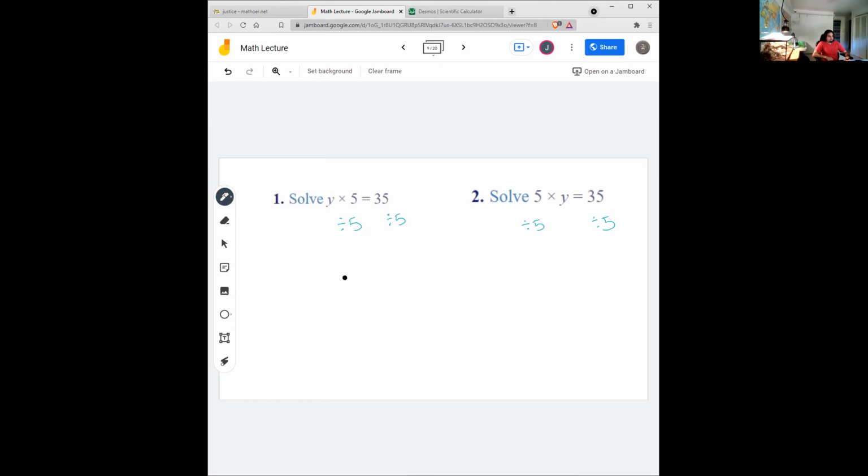And then I will get y is 35 divided by 5, which is 7. Everyone okay with both number 1 and number 2? It doesn't matter which order I have, because when I multiply, the order doesn't matter. 2 times 3, 3 times 2, they are the same.